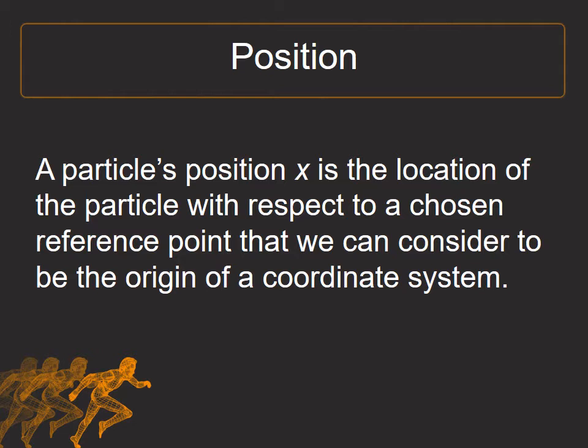That's all it is. Where it is positioned. So the literal understanding of position is also what it means in kinematics. But we need to clarify what our reference point or frame of reference is. For our discussion, our reference point is the origin of the coordinate system.